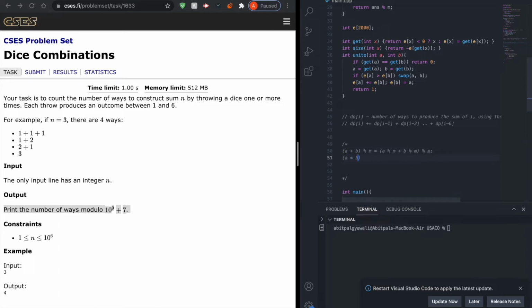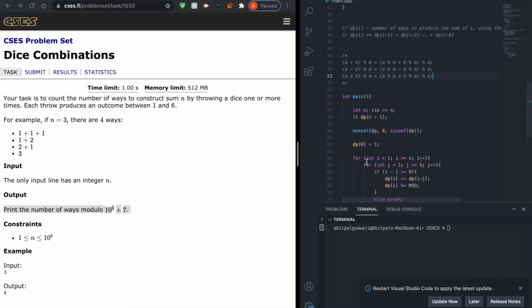It's basically the same format for multiplication as well, so I could just copy and paste this. It's also the same for minus and multiplication, but there is none for division, so be careful about that. This rule doesn't work for division, so it's only addition, subtraction, and multiplication.